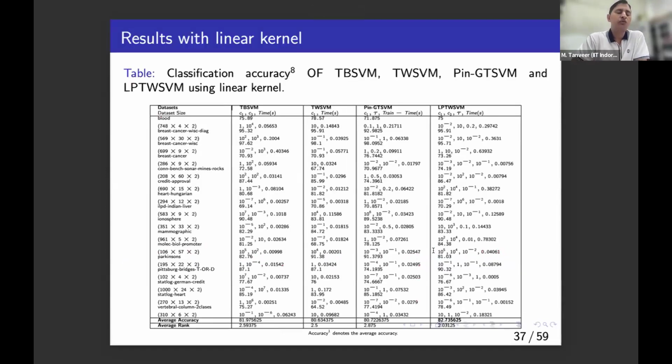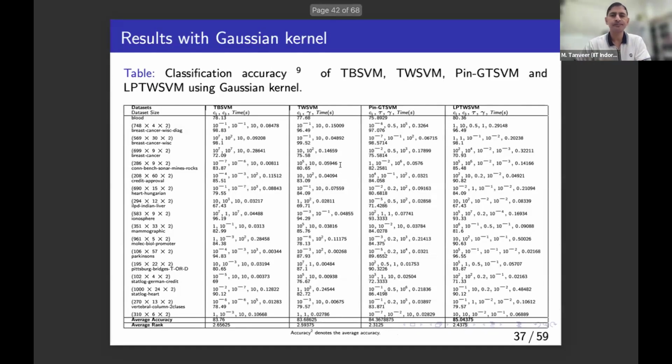At the same time, we also implemented our algorithm on smaller size data, just to check whether it works well not only for large data but also for smaller data. One can see that the average accuracy and average rank are better than the baseline algorithms for both linear and nonlinear cases.